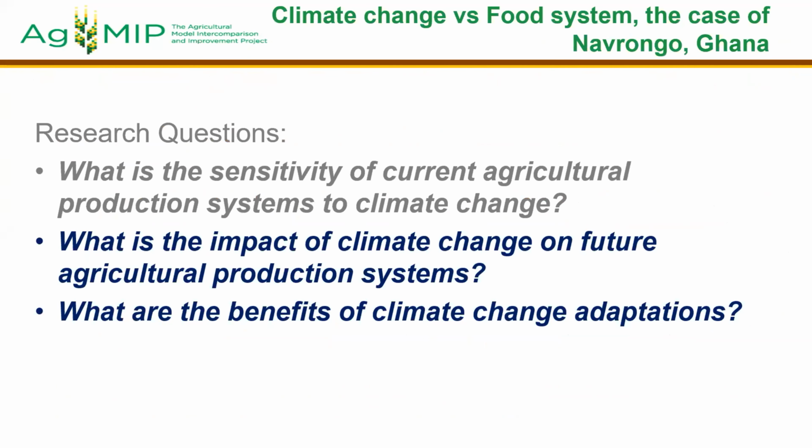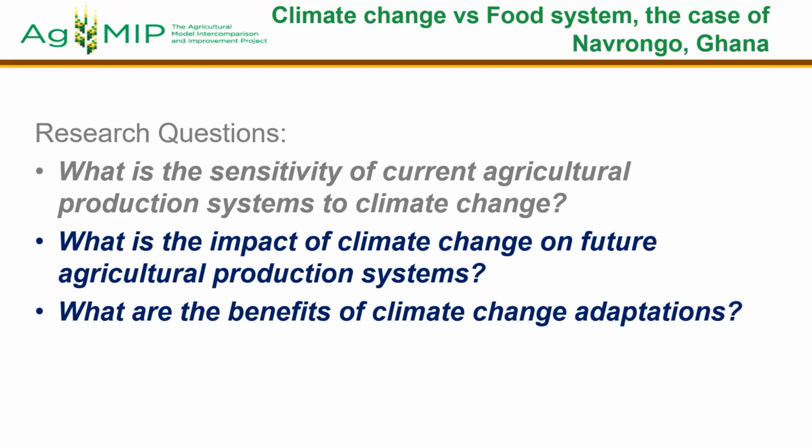We'll look at three different questions to guide this presentation. The first is the sensitivity of current agricultural production systems to climate change, meaning we are maintaining the current production systems as they exist. Then we have what the impact of climate change will be on future agricultural production systems.